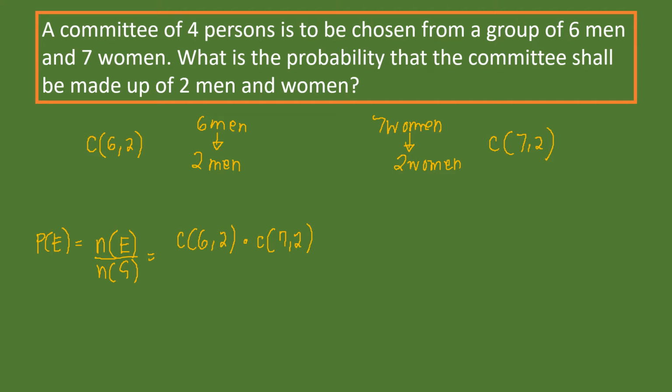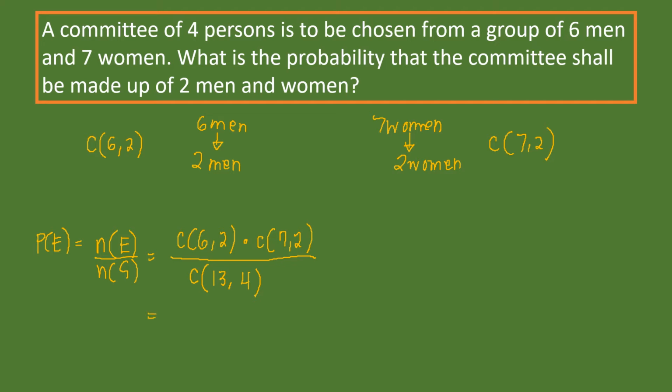Now, what is the total sample space? The total sample space would be the total number of men and women and the number of persons that you need to make up the committee. And if we have 6 and 7, that means we're getting the combination of 13 people taken 4 people at a time. Now let's try to solve the different combinations.